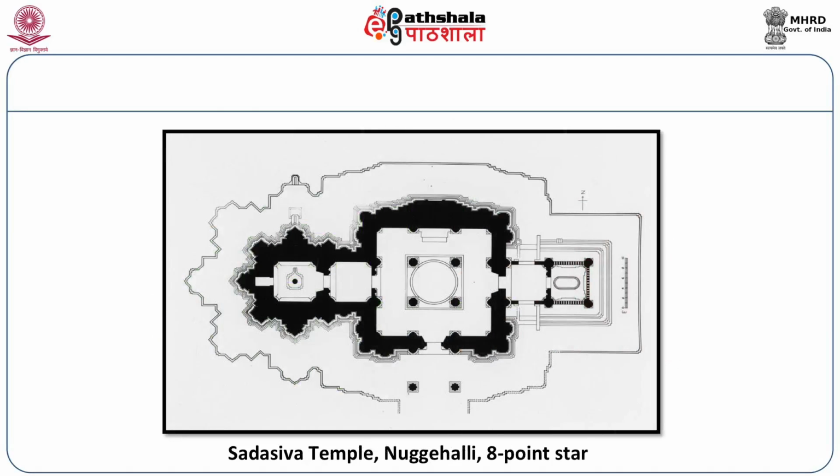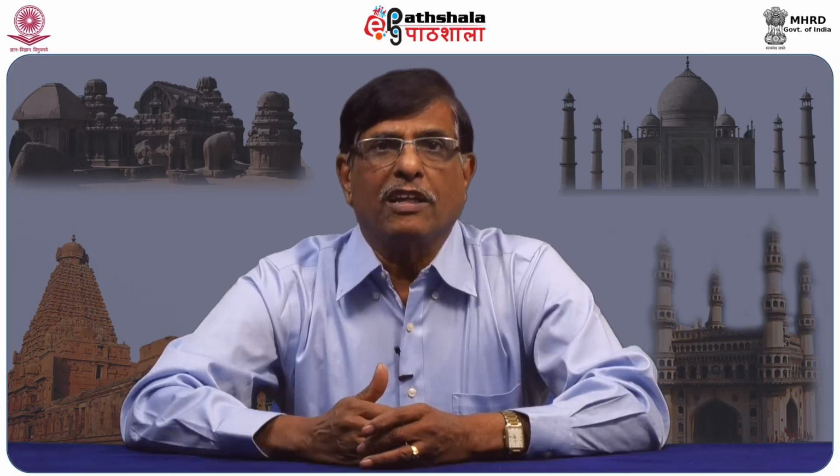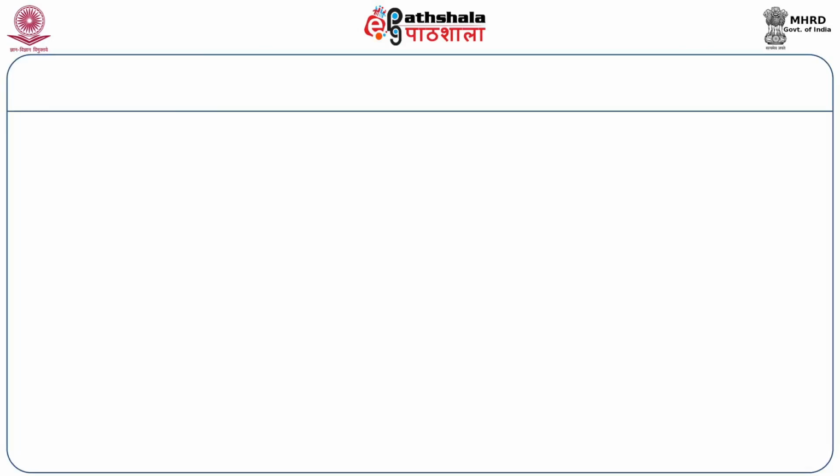You can see here an 8-point stellate plan as represented in the Sadashiva temple at Nuggehalli. In this one, which represents the plan of the Chennakeshava temple at Belur, you see a single-shrined temple with 16-point star for its external plan.